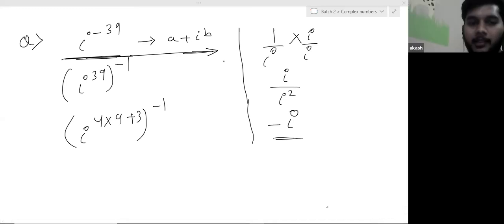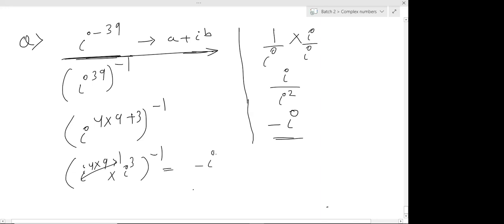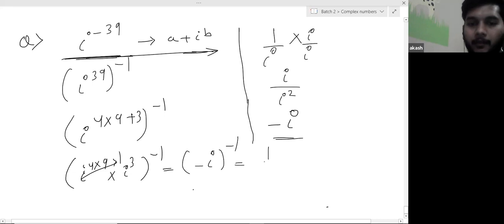So this can be written as I raised to the power 4 into 9 into I raised to the 3. So this is 1, and I cube is, Akash, what is I cube? So minus I. Minus I to the power minus 1. So this is 1 upon minus I.